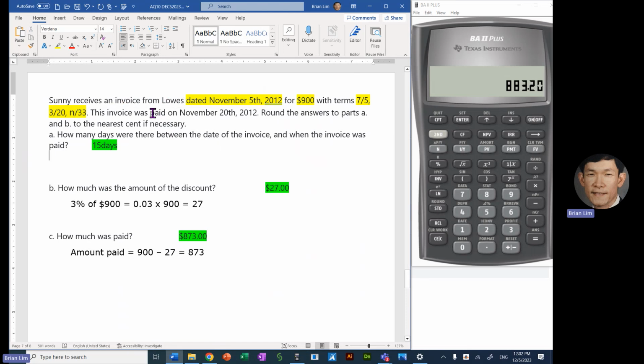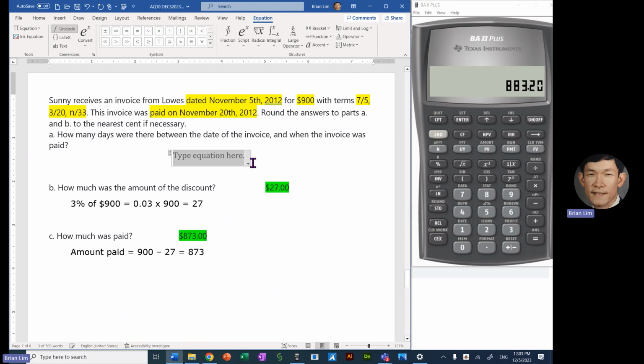So the invoice was paid when? Well, it was paid on November the 20th, 2012. All right, so here we go. So 20 minus 5 is what? How many days? Well, it would be 15 days, but let's say we just delete this for a minute and maybe come down in here. So we're November 20th.